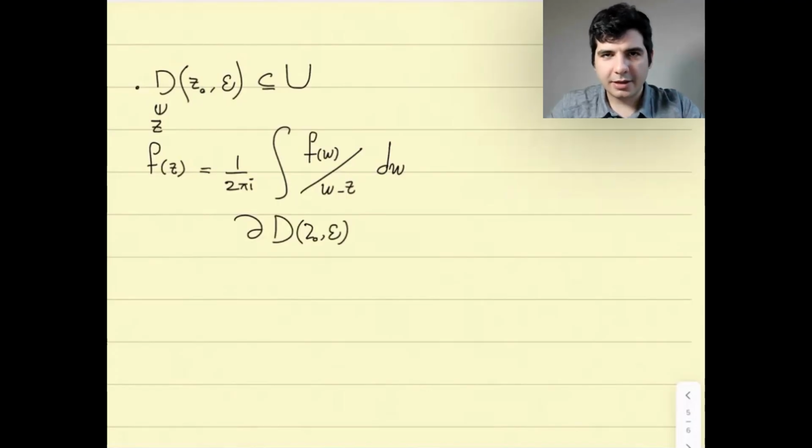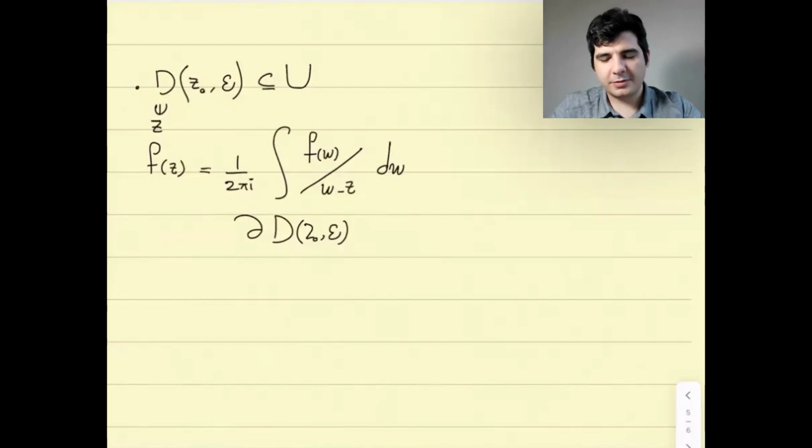Remember, there was another term, but for holomorphic functions, that other term disappears. So we know f is holomorphic, so that's the whole Cauchy's integral formula for f. There is no second integral. This is Cauchy's integral formula for holomorphic functions.